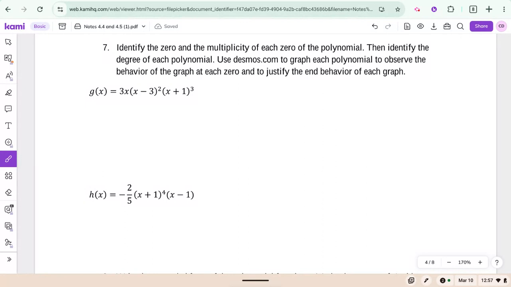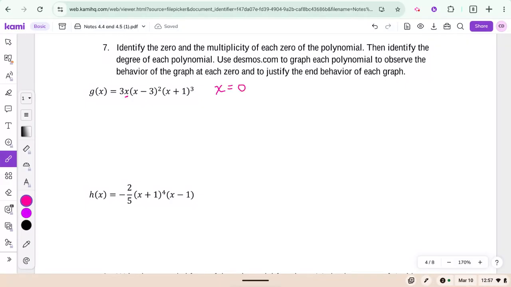Okay, let's take a look at the factors of g of x. The first factor is 3, but that's not a variable, so I'm going to ignore that. And then I see x. The fact that it says x tells me that x equals 0 is one of my zeros.